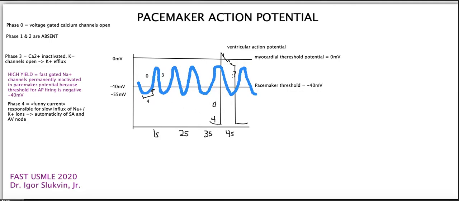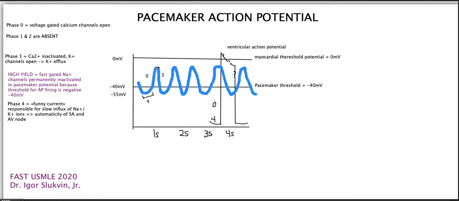So once they reach about negative 40, you get to phase 0, and this is where your voltage gated calcium channels open. And much the same way, your fast voltage calcium channels produce the conduction velocity.